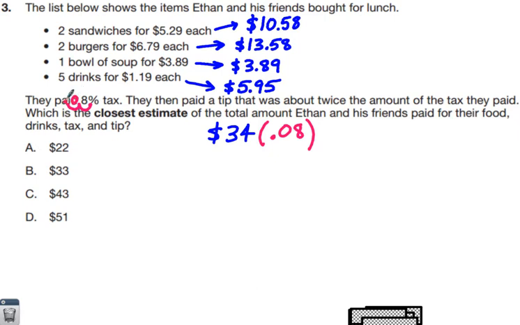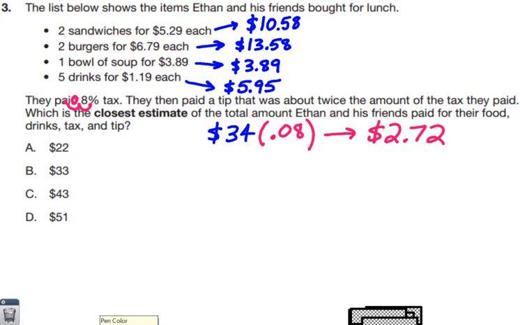So 0.08 is the decimal form of 8%. Then multiply 34 by 0.08, and that's how you find 8% of 34. My calculator says that is $2.72.